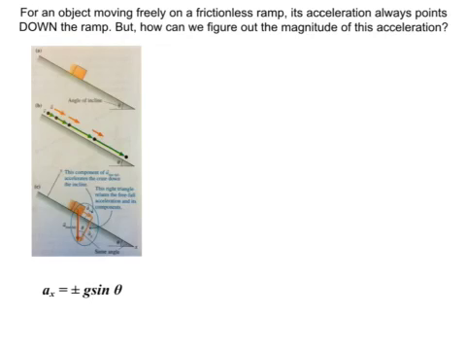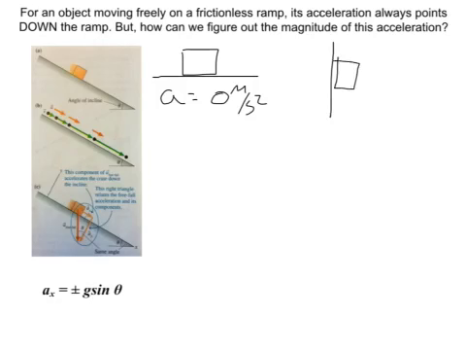So let's imagine we've got a box, and it's sitting on a flat surface like this. Its acceleration here is obviously 0 meters per second squared. Now if we take its surface and we put it perfectly vertical, we've got that box on there, we release it. What's its acceleration going to be? Well, its acceleration will be 9.8 meters per second squared down.